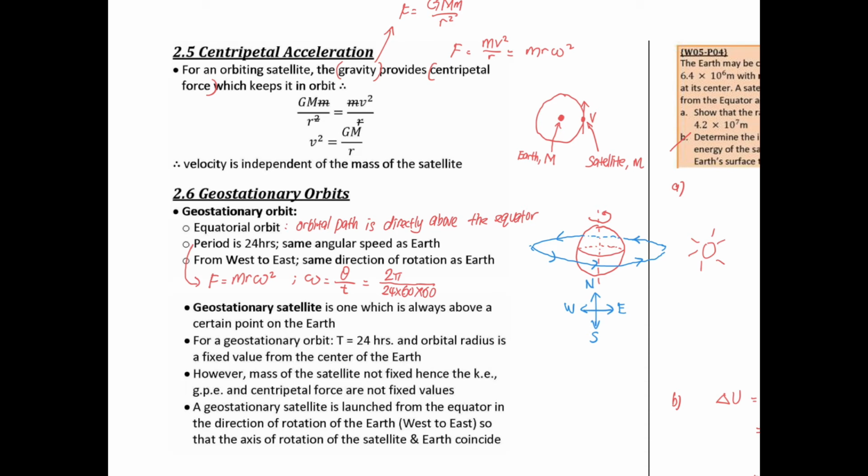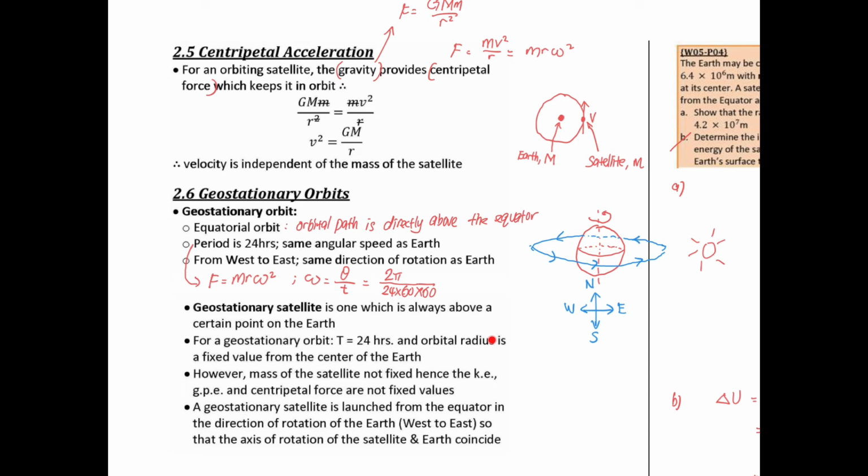Now, the next point, for a geostationary orbit, T equal to 24 hours, and the orbital radius is a fixed value from the center of the Earth. So that means we can count it out and find out the R.